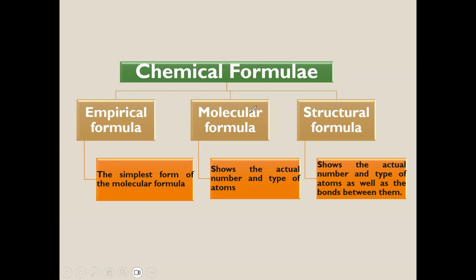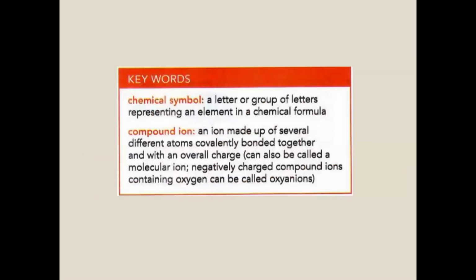Molecular formula is a way to represent the formula where we can see the actual number and the type of atoms. A structural formula shows the actual number and the type of atoms and the bonds between these atoms. We will explain each type of these formulae in detail.